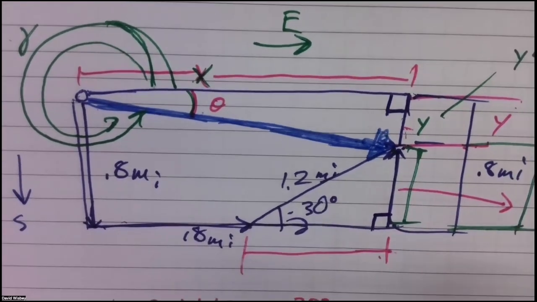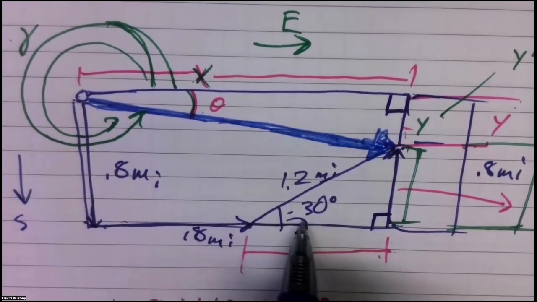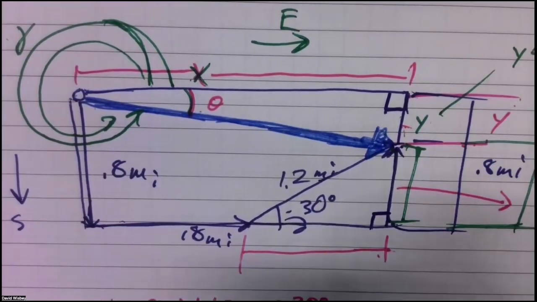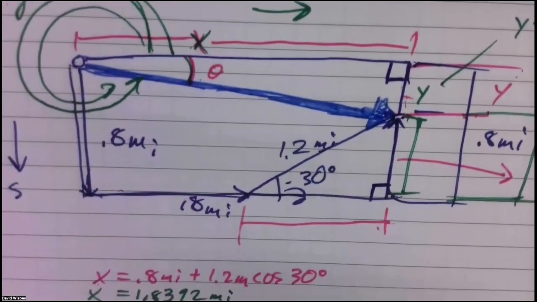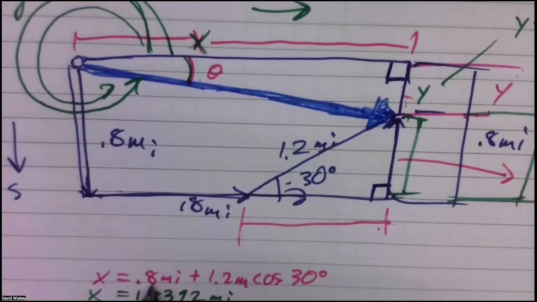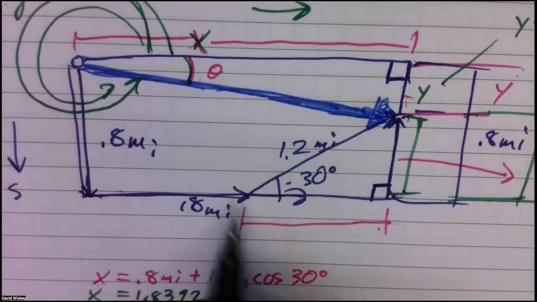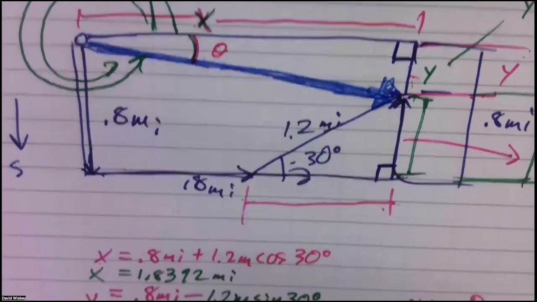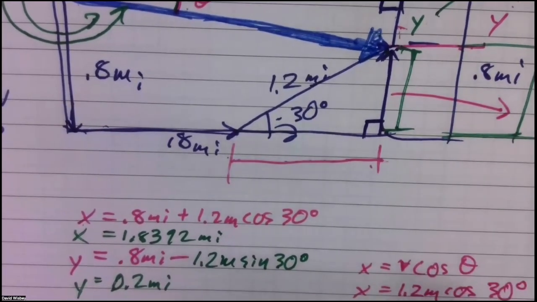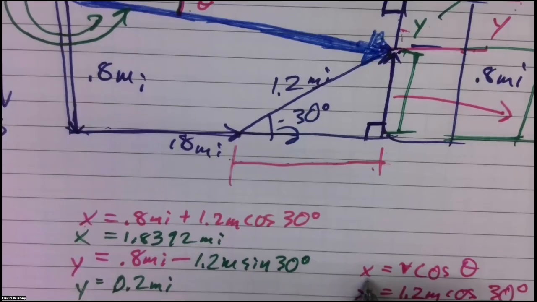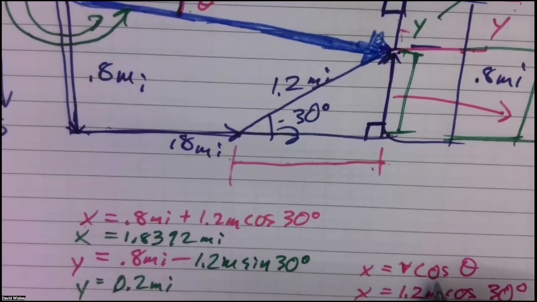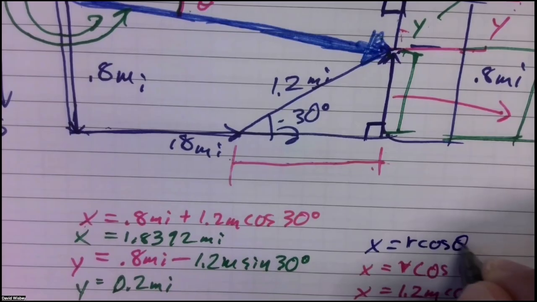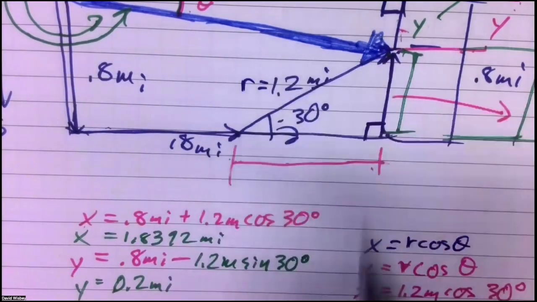Let's start with X here. Ultimately, we need to get this little piece up here, Y, but let's get the X part first. X is 0.8 miles. That's our first part right there. And then we need this bottom part of our triangle. Let's look at our trig. X is R times cosine of theta, and R is our hypotenuse.